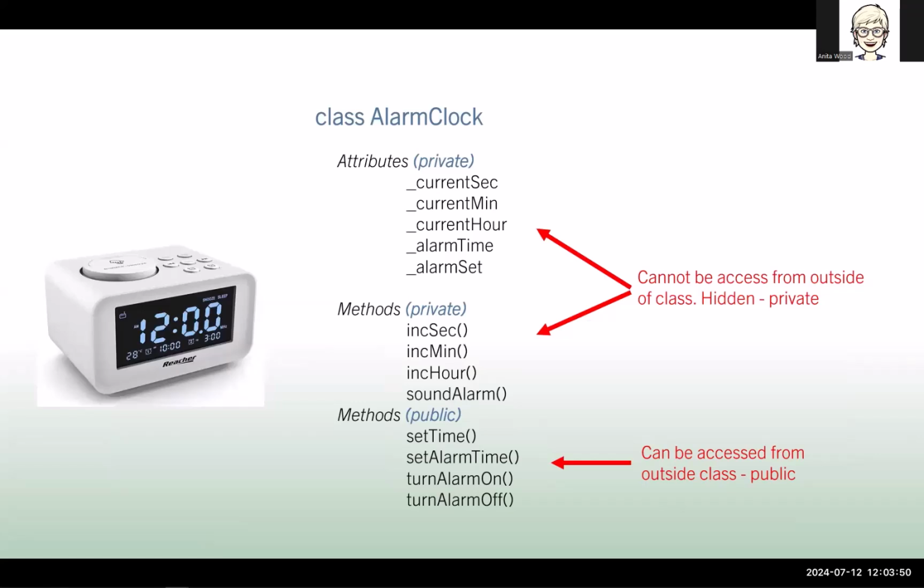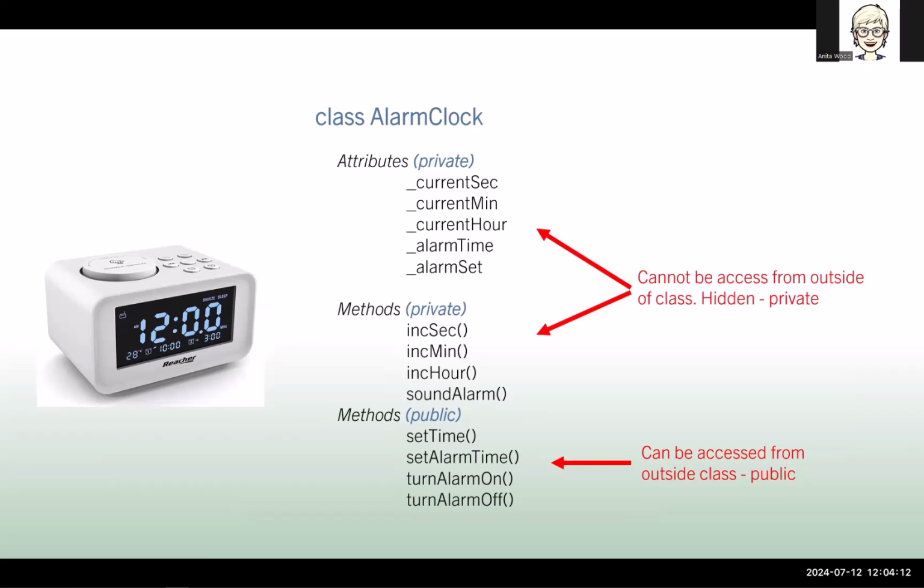A best practice for creating classes is only the class methods may directly access and make changes to the class's attributes. The attributes then are made private. The methods used to change the attributes are public so they can be accessed from outside the class.